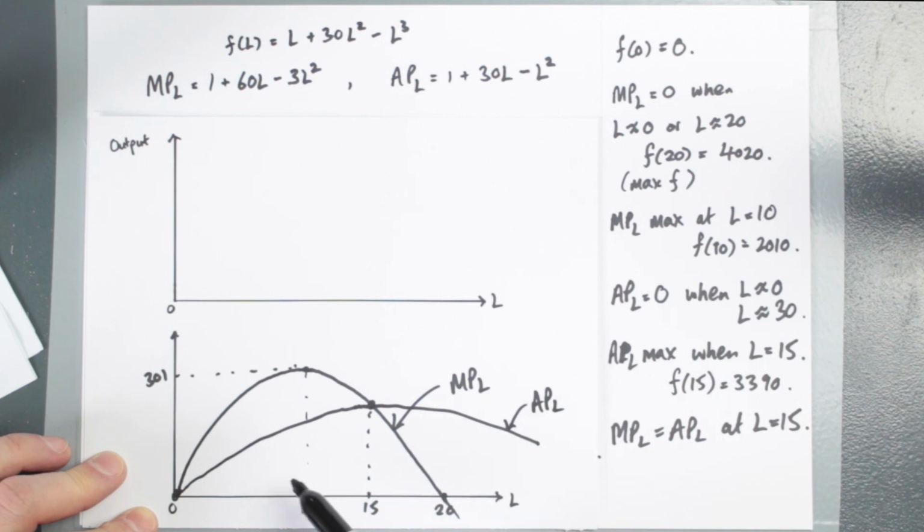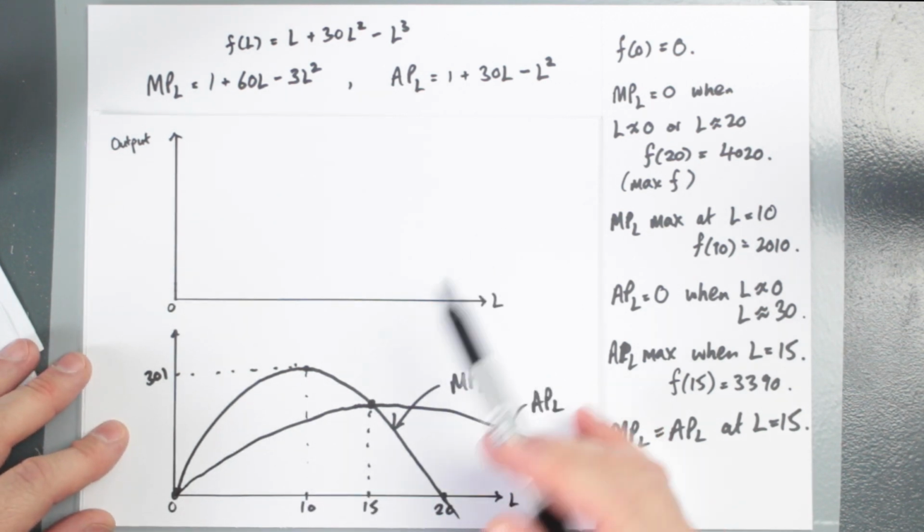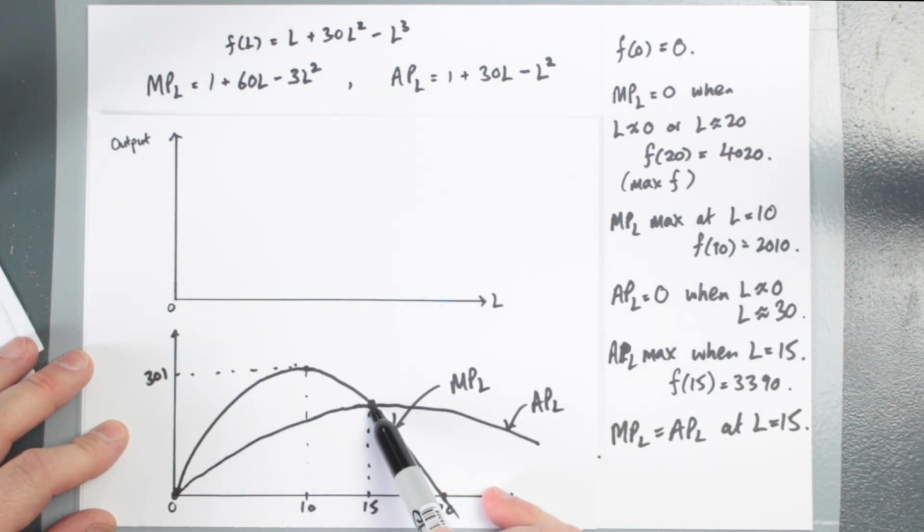Okay, so we can actually see an idea. We'll prove this formally, but we can see here that when the marginal is above the average, it's pulling the average up. In the same way that if your next grade is higher than your average, your overall average goes up. That continues until they just touch.